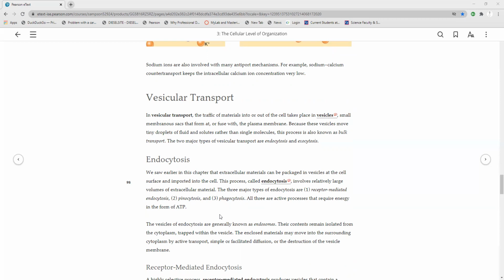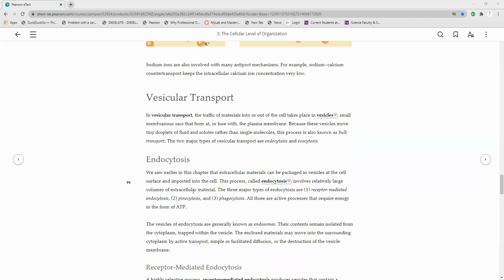That's protein synthesis, transcription, translation. You can see that on the spotlight for transcription and translation. So vesicular transport is an active process. Endocytosis means it's coming into the cell. We have a couple of those. We have receptor-mediated endocytosis, where a receptor controls the process when it comes in.